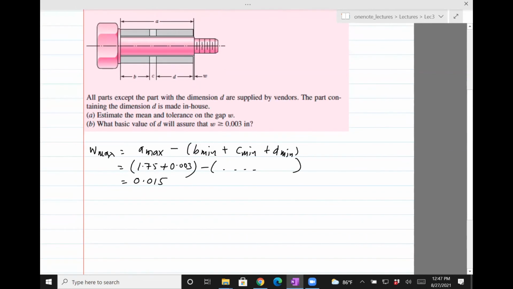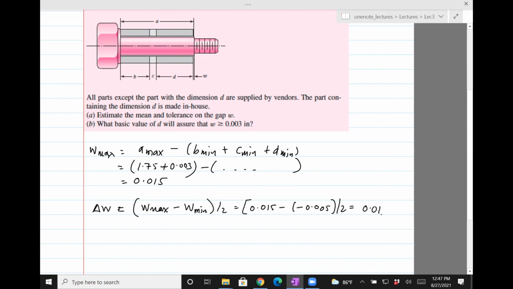So now if you want to find delta W, which is the limits, it's basically the max minus min divided by 2. So that's 0.015 minus negative 0.005 divided by 2, and that's 0.01.